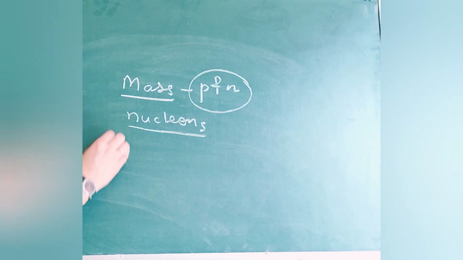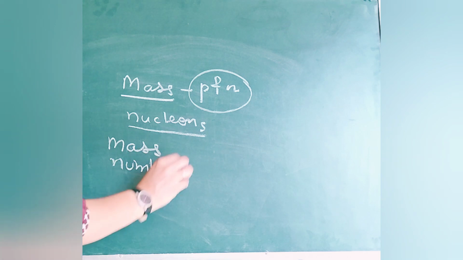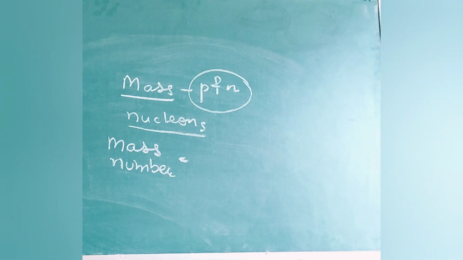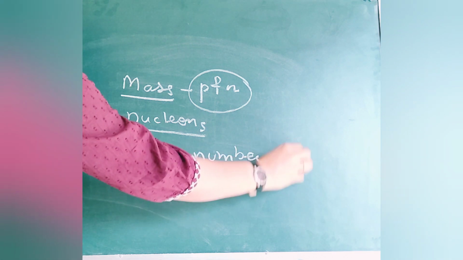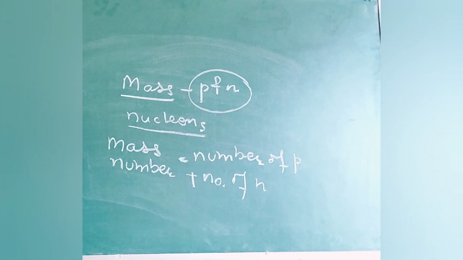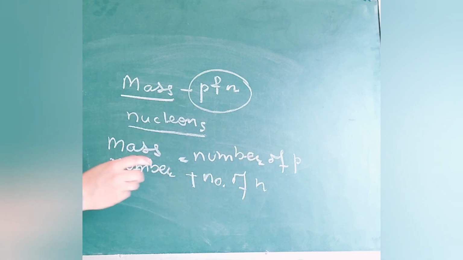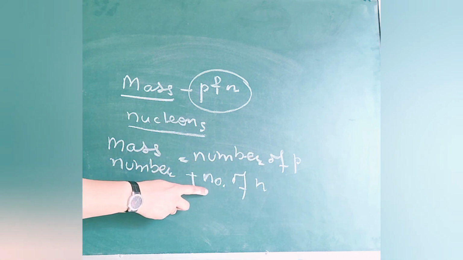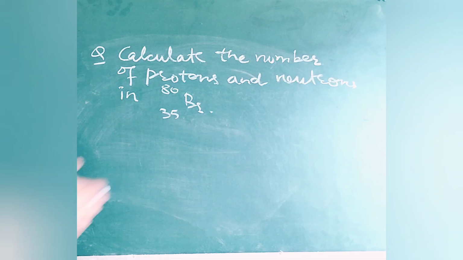Okay, so we can say mass number is equal to number of protons plus number of neutrons. See the difference? Only protons are equal to atomic number, and if proton and neutron are combined together, that will result in the mass number.